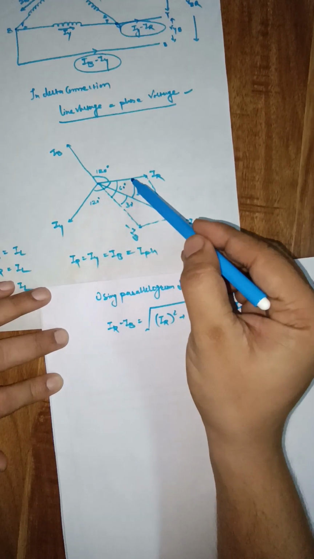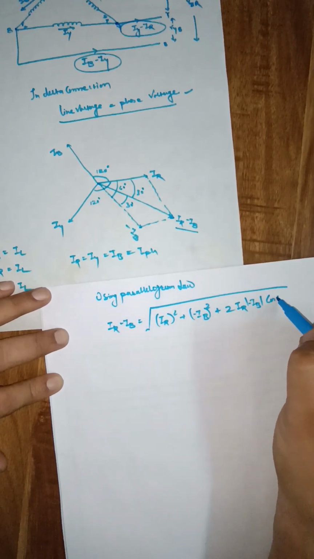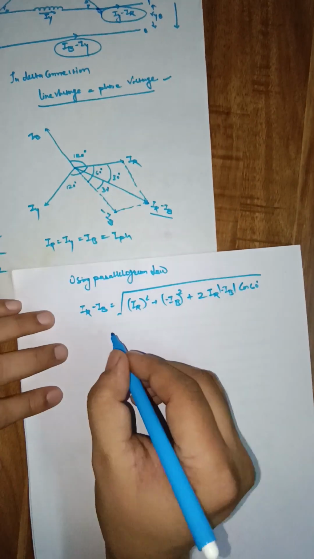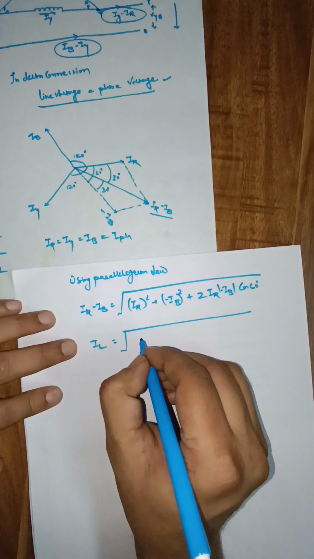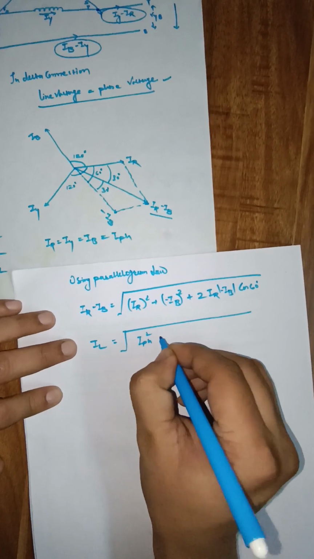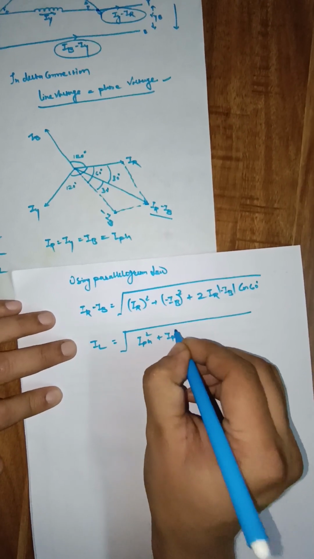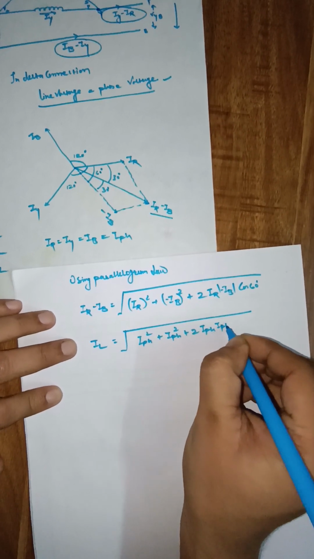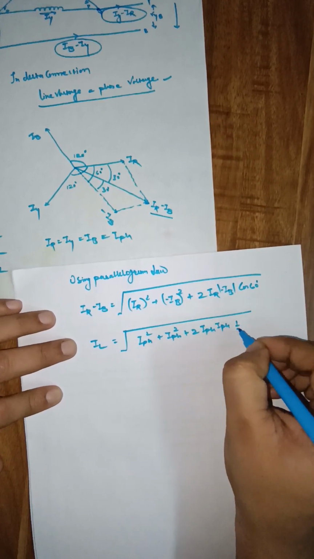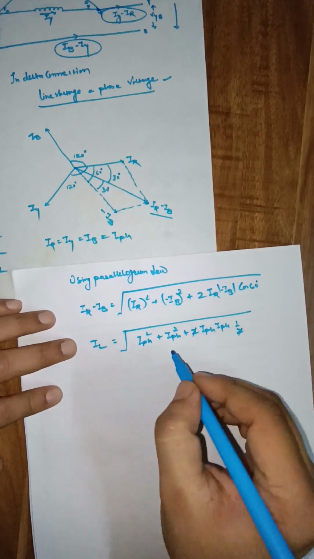What is angle between these two IR and IB? 60 degree. So cos 60 degree. Now this is your IL under root IPH square plus IPH square plus 2 IPH cos 60 is what? 1 by 2. 1 by 2 and 1 by 2 will get cancelled out.